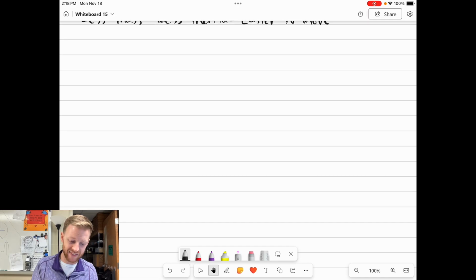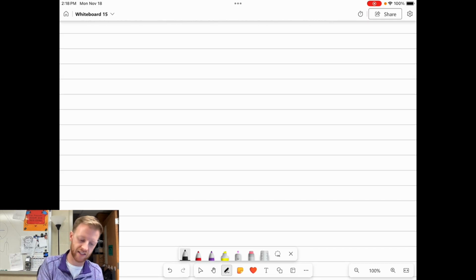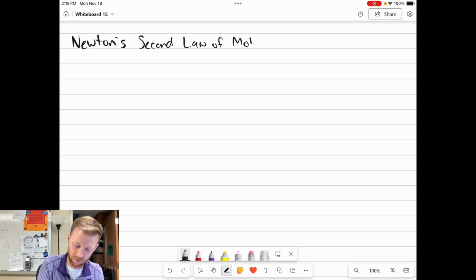Now, Newton's second law relates to these things. So Newton's second law is all about the mathematics side of it. Newton's second law of motion tells me this.